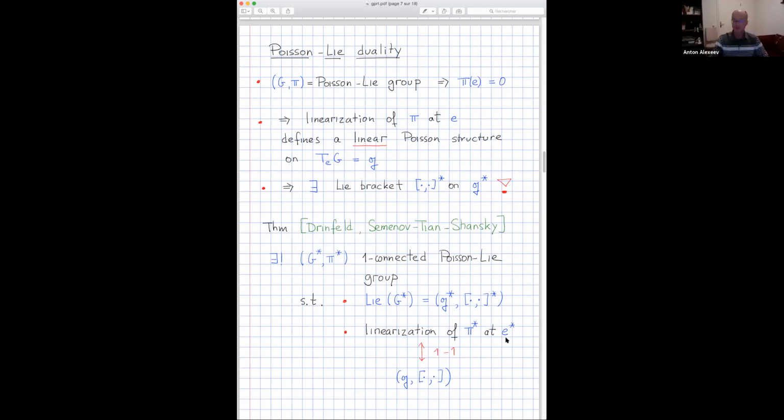And we want this Lie bracket to be the Lie bracket that we started with. One can go one way or the other between G star and G. Of course, maybe G was not simply connected, then we recover its universal cover, but basically it's a correspondence up to the fundamental group. And there is always a companion Poisson group.